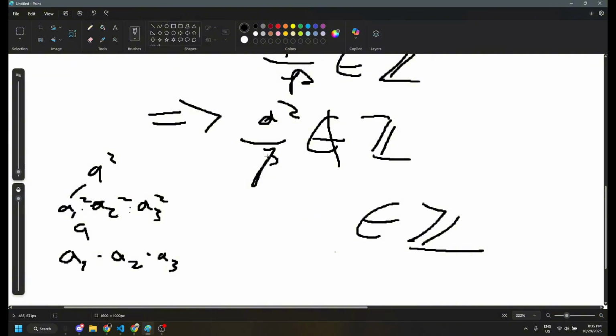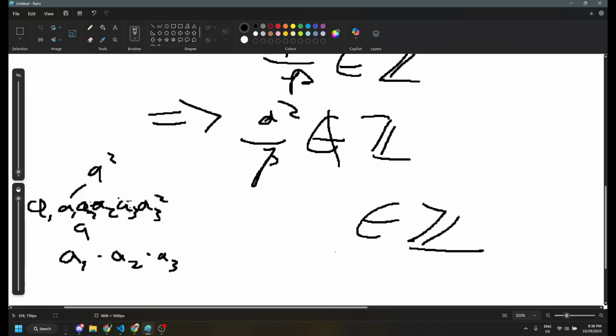If P doesn't divide A squared, then P is none of these factors: a1 times a1, a2 times a2, a3 times a3.